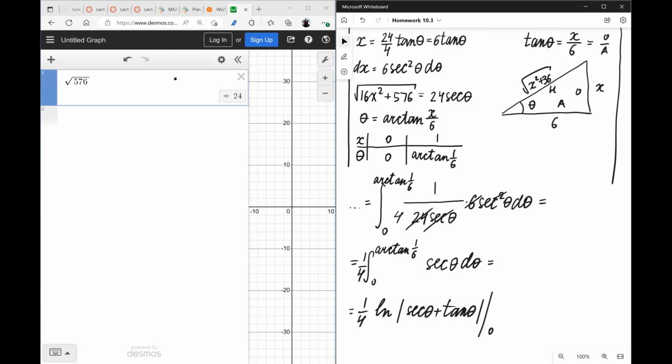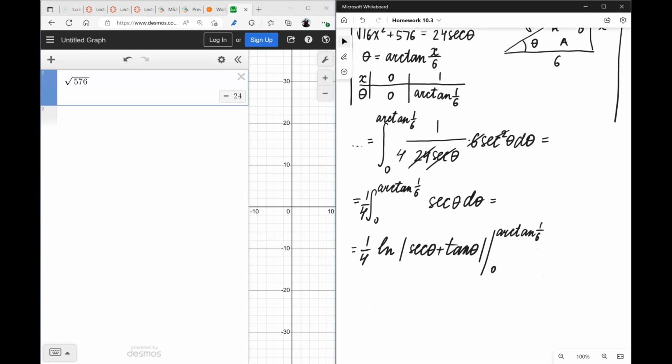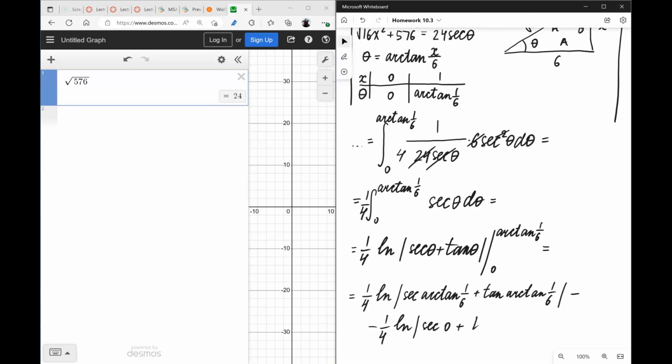We plug in 0 and arctan of 1/6. So we're plugging everything in: we have secant of arctan of 1/6 plus tan of arctan of 1/6, minus 1/4 ln of secant of 0 plus tan of 0.